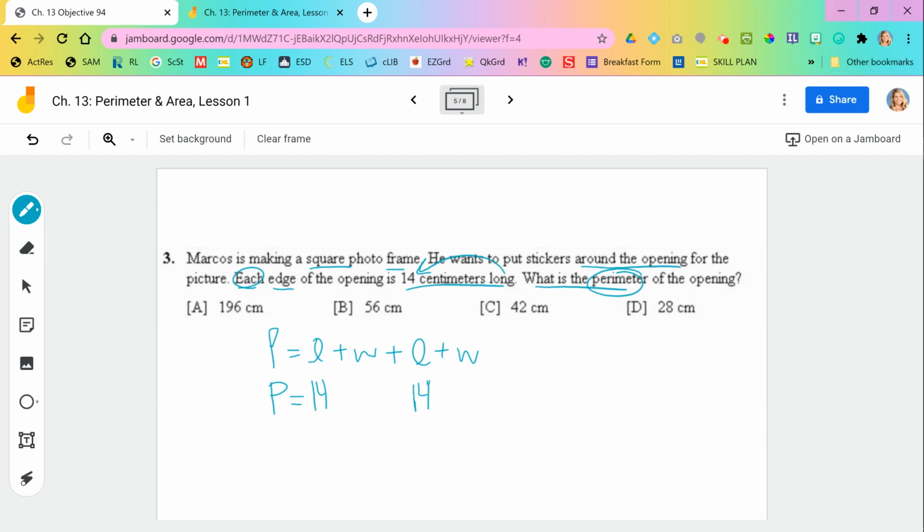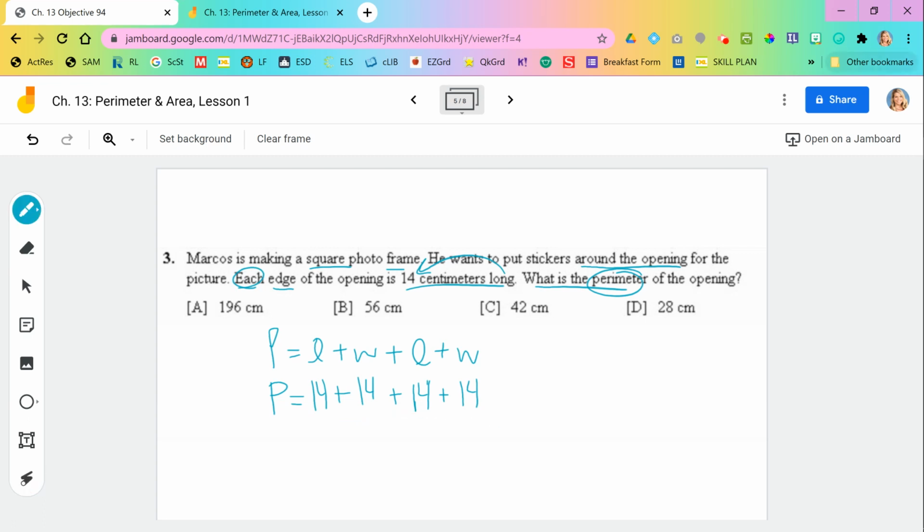All right, now width. I don't see a width on here, but it does tell me each edge. So that means all of my edges are going to be 14. Think about what you know about a square. A square has 4 equal sides, 4 sides equal in length. So that's why I have my 4 14s.